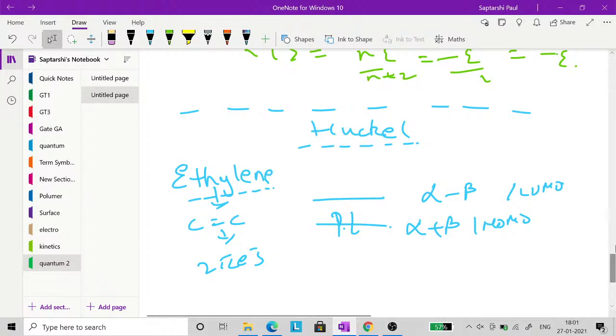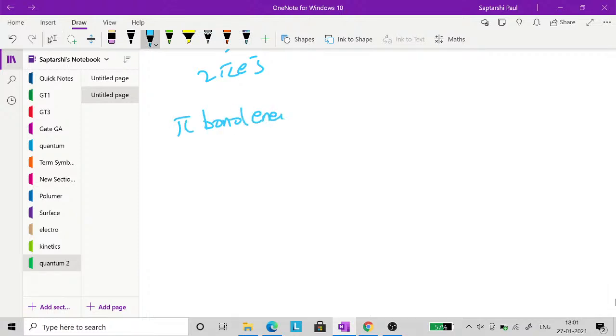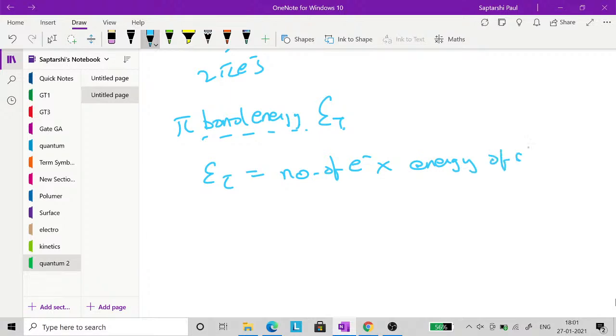Now I will tell you the concepts behind Huckel modeling. First is your pi bond energy. Pi bond energy, given by E_pi, is the number of electrons times the energy of the state, or level, where the electron is present.